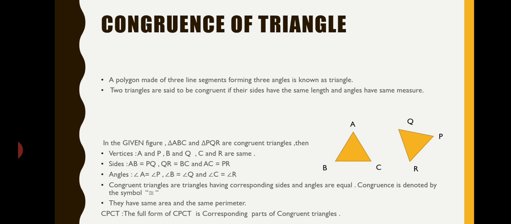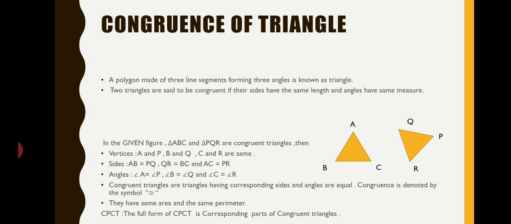Congruency of the triangles. We know what is a triangle? A polygon made up of three line segments forming three angles is known as a triangle. Two triangles are said to be congruent if their sides have the same length and angles have the same measure.